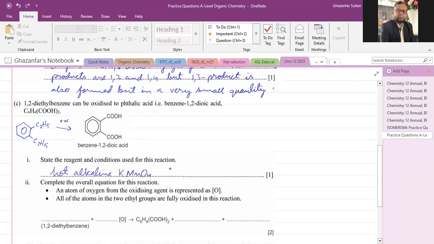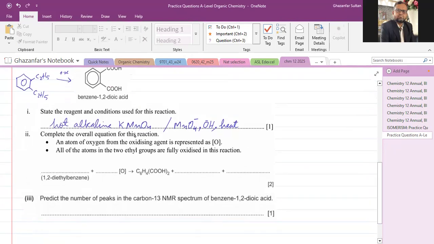Or you may write this answer as KMnO4 with OH-, any hydroxide-containing reagent, sodium hydroxide or potassium hydroxide, plus heat. So this reaction is required to convert this ethyl or any alkyl group into a carboxylic group.